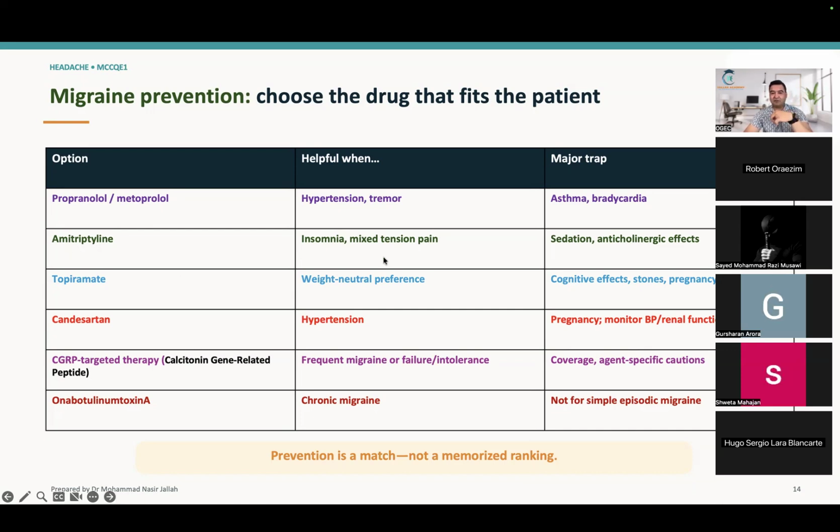Amitriptyline. If you have a patient who has migraine, frequent, disabling, for a long period of time, and the patient has insomnia, the patient has depression, the patient has peripheral neuropathy, the patient has fibromyalgia, the patient has neuralgia.